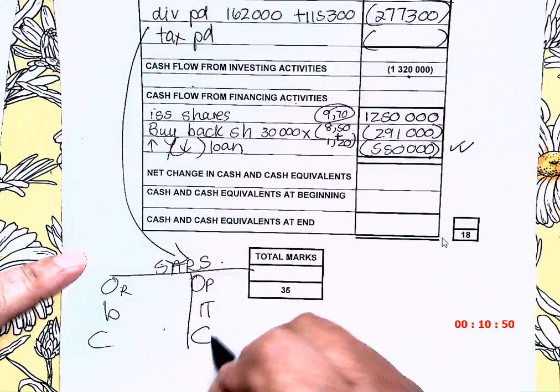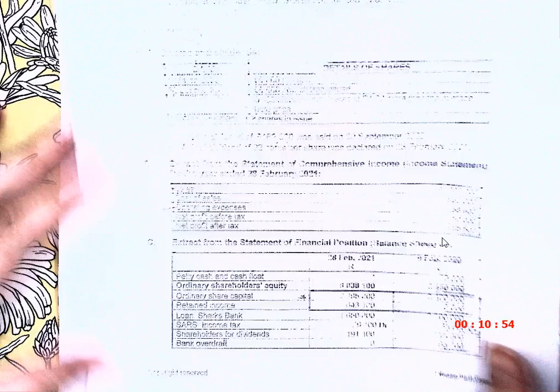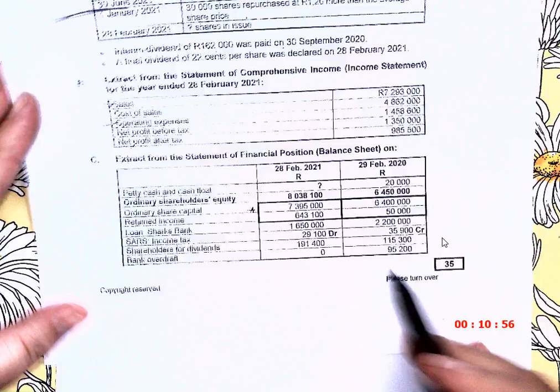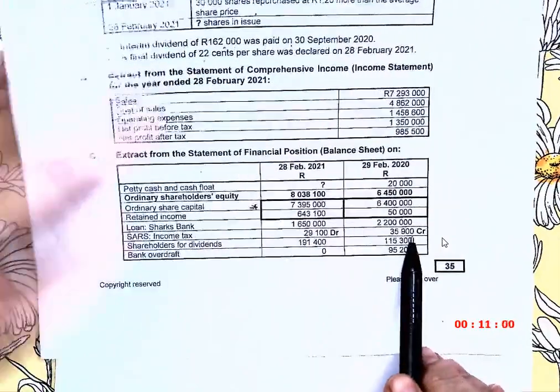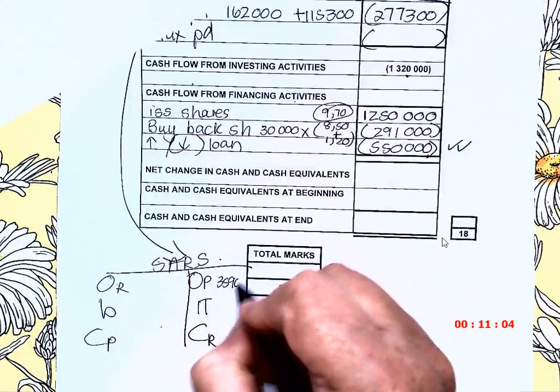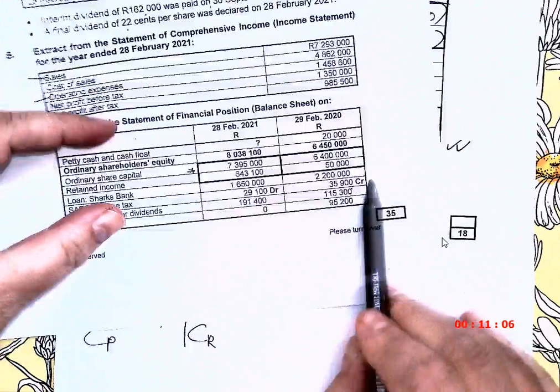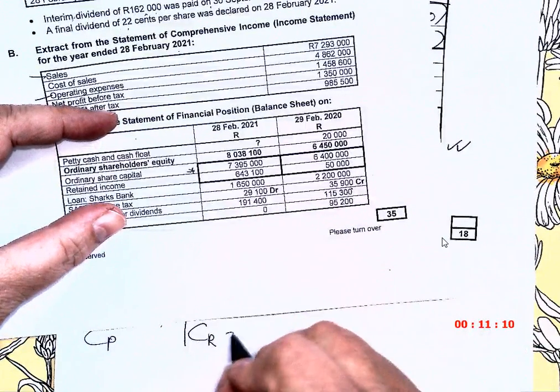I forgot that. Thank you. So now let's see. My opening balance, where's such, is a credit. So it's a payable. My closing balance is a debit. So it's a receivable.